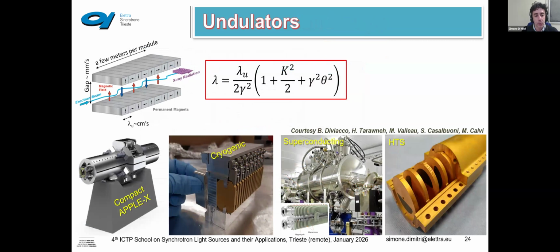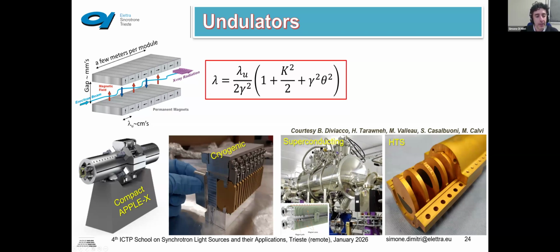I mentioned other ways of producing radiation on top of dipoles, which are undulators. An undulator, in the most simplified picture, is a sequence of small dipole magnets. The length scale of each dipole, in this case, is a centimeter instead of a meter.